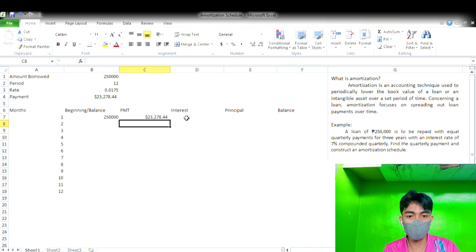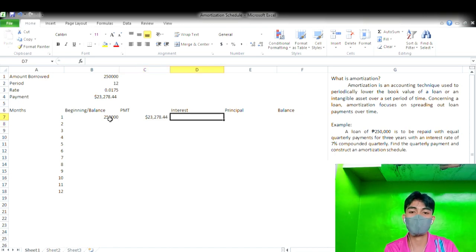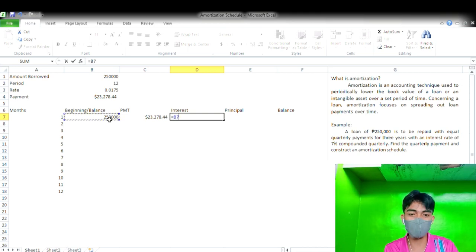And our interest here, equal sign, the beginning balance, or the amount borrowed, times the rate. Enter.